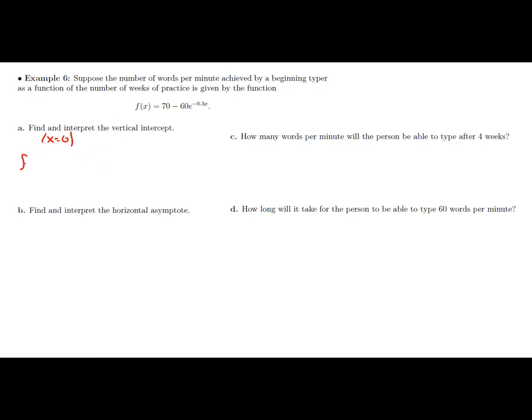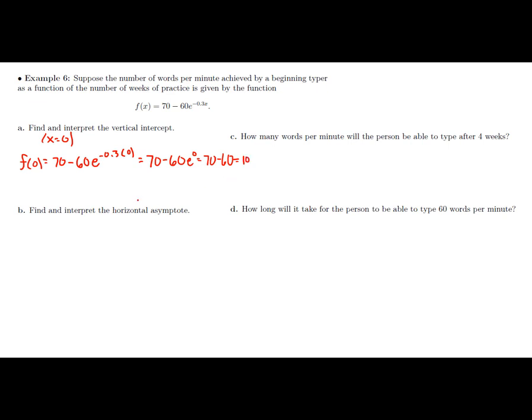So if I take f of 0, I put a 0 in for my x, but understand that doesn't get rid of the 60, it just makes the e to the 0 equal 1, right?